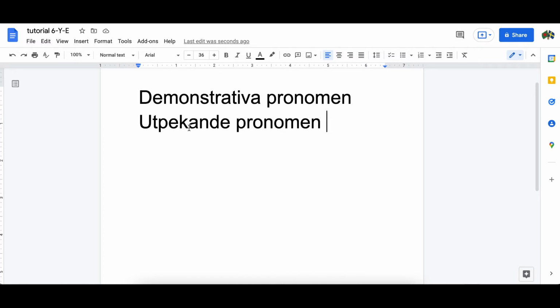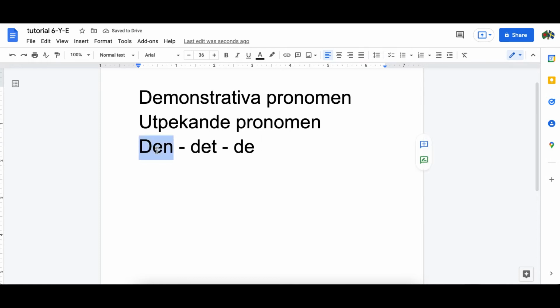Varför säger man utpekande? So why do we say utpekande or demonstrativa pronomen? Because these words are used to point to something. So for example, then, that, och de.